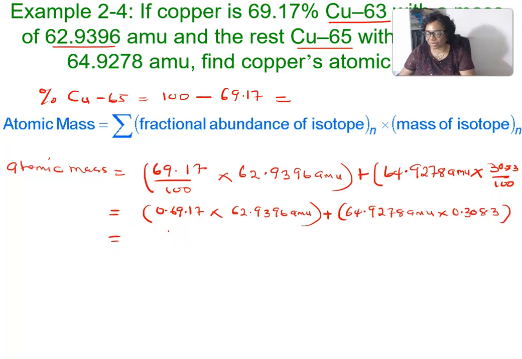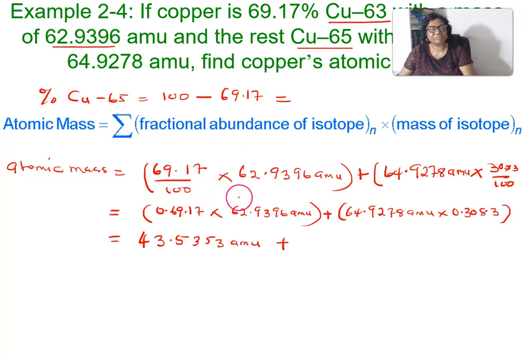So let's do our calculation. 0.6917 times 62.9396 equals to 43.53 atomic mass unit plus we have 64.9278 times 0.3083.